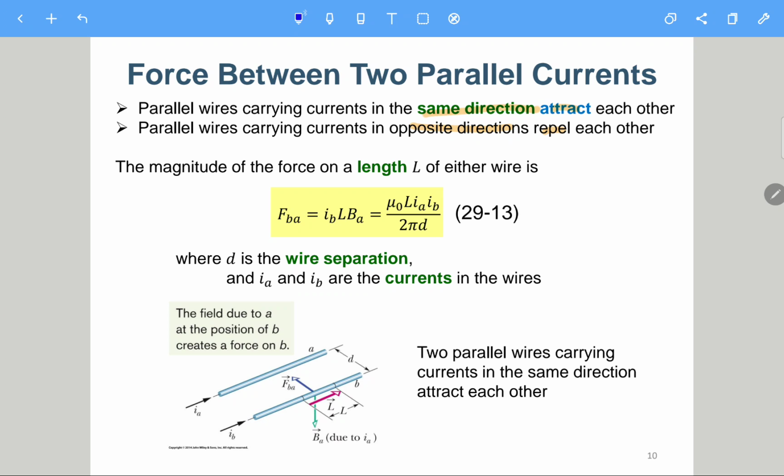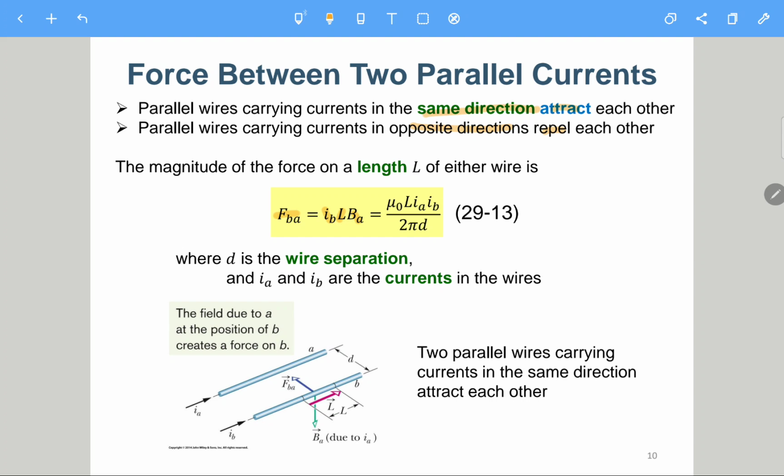So the point will be like, in the previous chapter, we already know that FB, let me see, FA acting on B. Yeah, FA acting on B. FB from A will be like the current on wire B, the current going through wire B, and then L is the length.